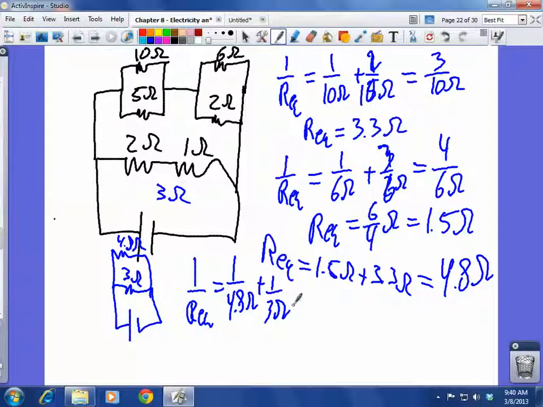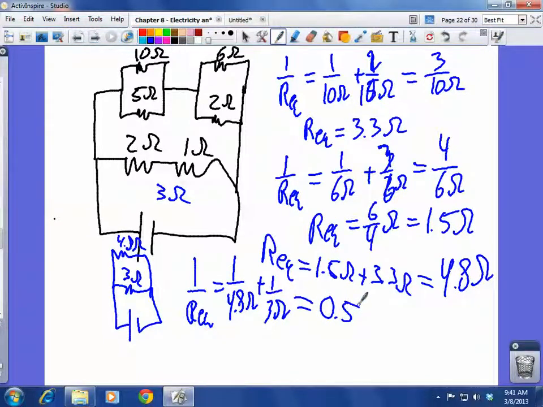Okay, well, what do you get before that? Oh, come on, someone help me out. All right, we could do this too, so 1 divided by 4.8, that's about 0.2 plus 0.3. So, yeah, we'll say 0.5.